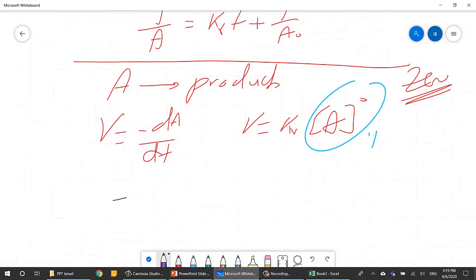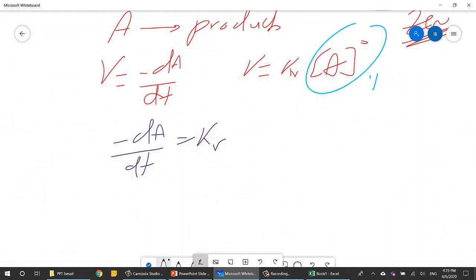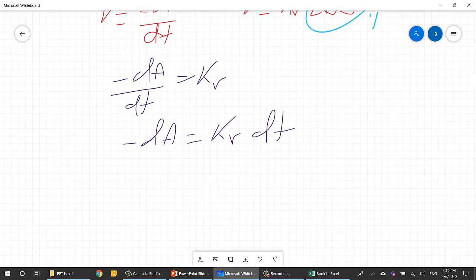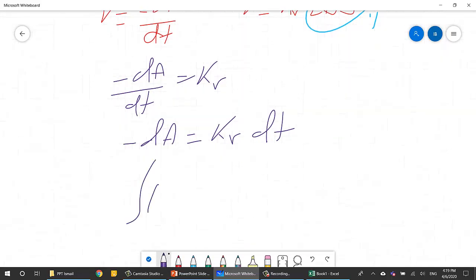This one is minus dA over dt is equal to KR, and therefore minus dA is equal to KR dt. Even if you don't know anything about calculus, the integration of dA is equal to minus, I'm just going to change the minus to the other side, minus KR integration of dt.